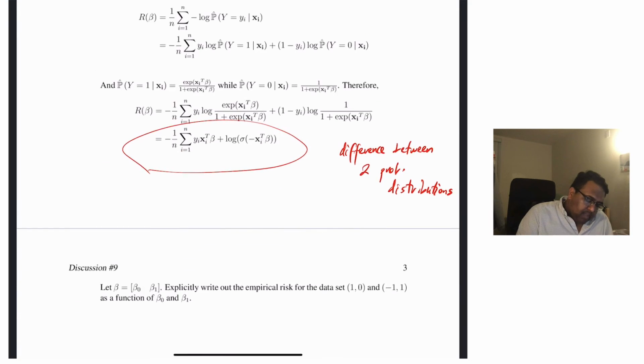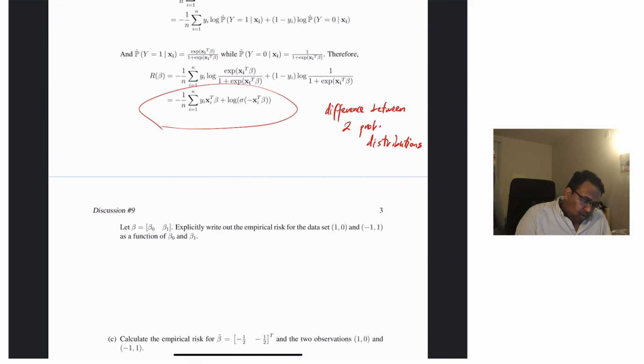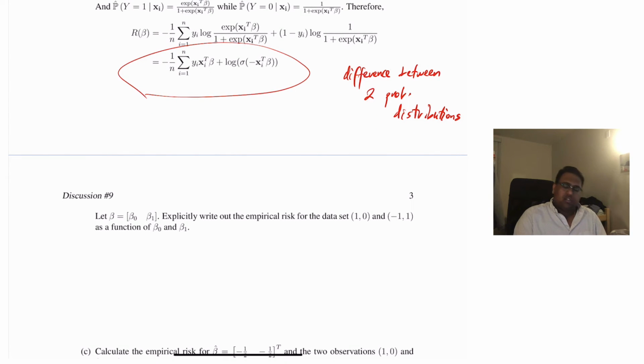Okay, and so for B, we're told that beta, just suppose it's beta naught and beta 1, explicitly write out the empirical risk for this data set 1, 0 and negative 1, 1 as a function of beta naught and beta 1. Essentially what we need to do is compute this expression for both the point 1, 0 and the point negative 1, 1.